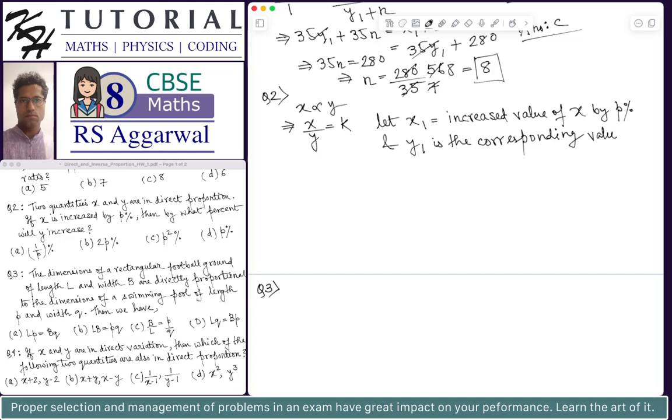That is, when the value of the quantity x is x1, then the value of the quantity y is y1. We are assuming x1 to be the increased value of x by p%. So what is x1? X1 is equal to, now this is the concept of percentage, p% more than x.